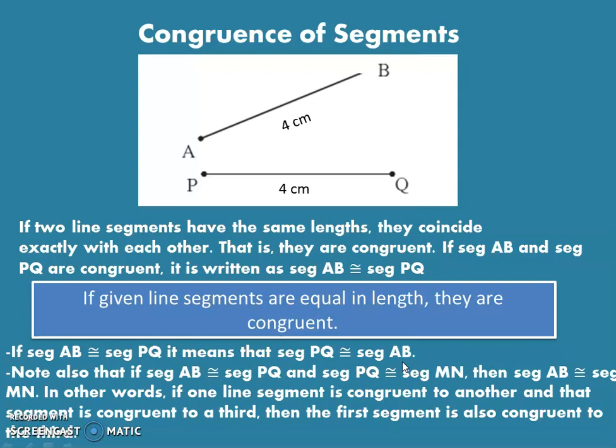Also, if seg AB is congruent to seg PQ and seg PQ is congruent to another segment MN, then segment AB will also be congruent to segment MN. In other words, if one line segment is congruent to another and that segment is congruent to a third, then the first segment is also congruent to the third.